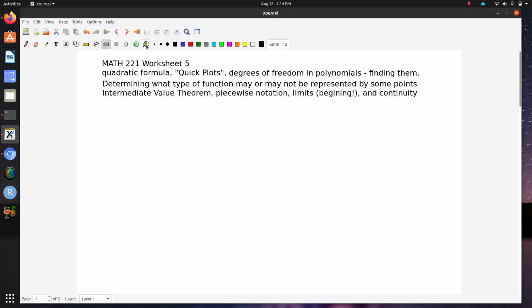Okay, so the formal definition for continuity is you're going to say the limit as x approaches some value from the left should equal the value of the function there and should actually equal the limit from the other side, the limit from the right.